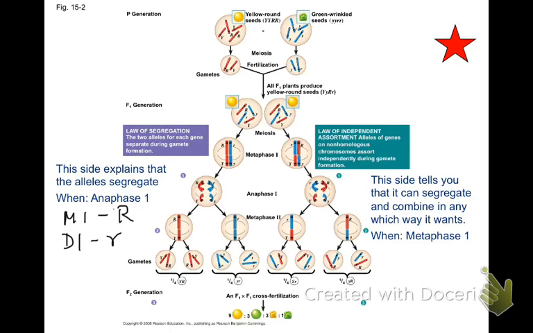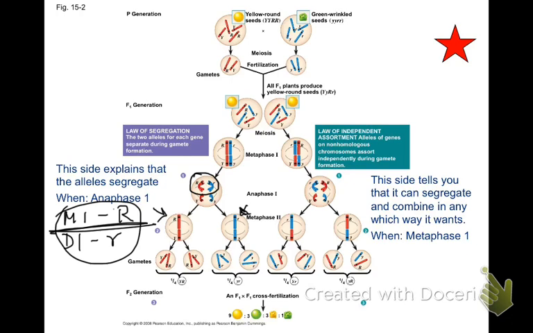You had either a capital R or a small r; they segregated out. So for the homologous chromosomes M1 and D1, it is finally decided that only one kind can go into a cell.